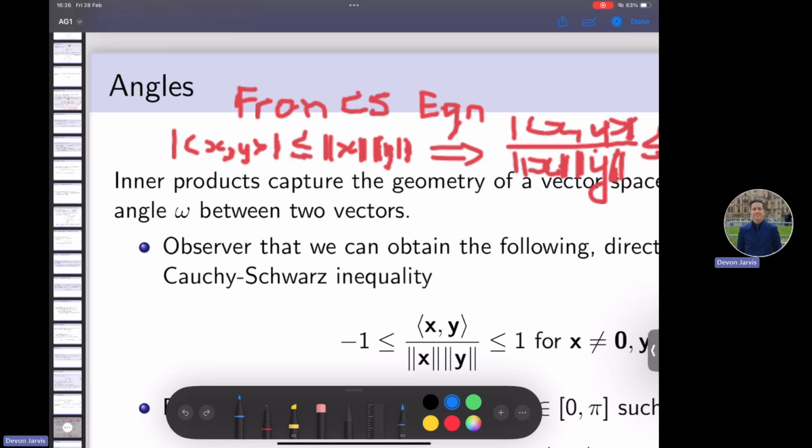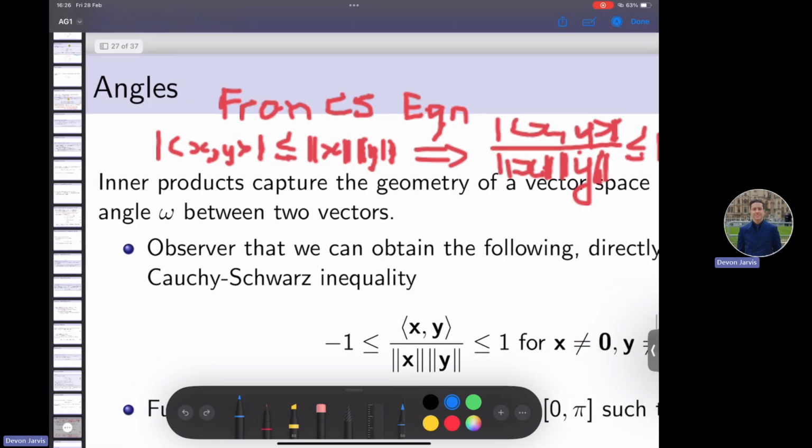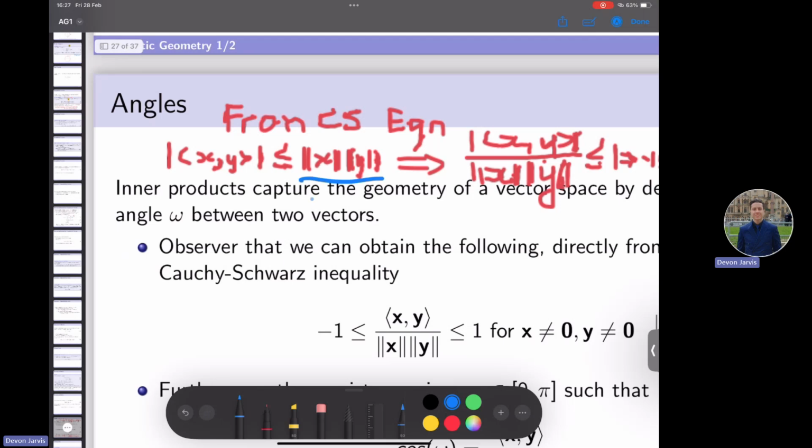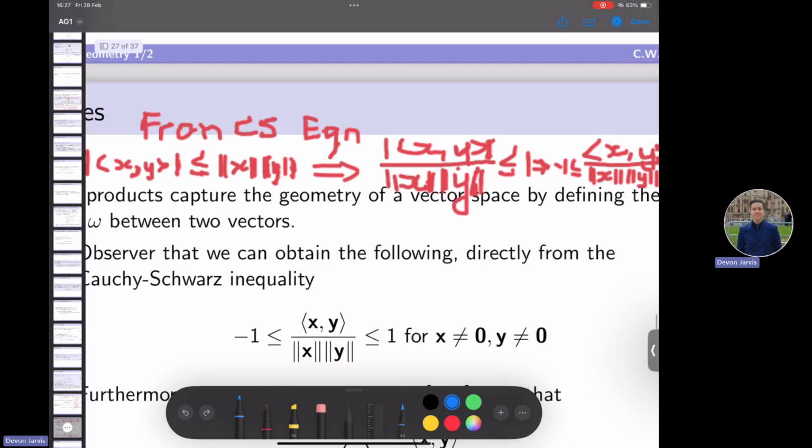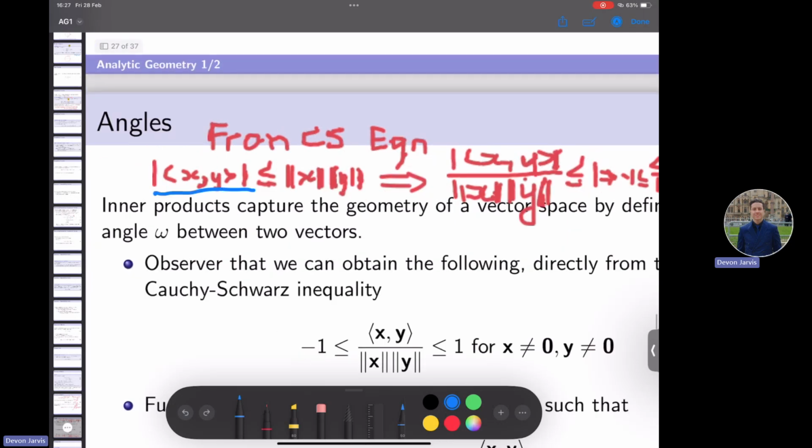If I divide both sides by the norm of x times the norm of y, I get this term here. Not super neat, but essentially the absolute value of the inner product of x and y divided by the norm of x and the norm of y must be less than or equal to 1, because on this side I just divided by itself.